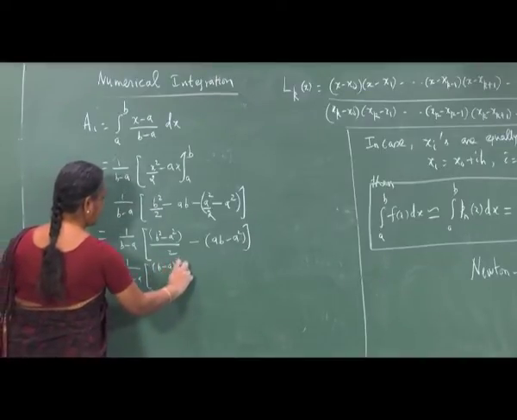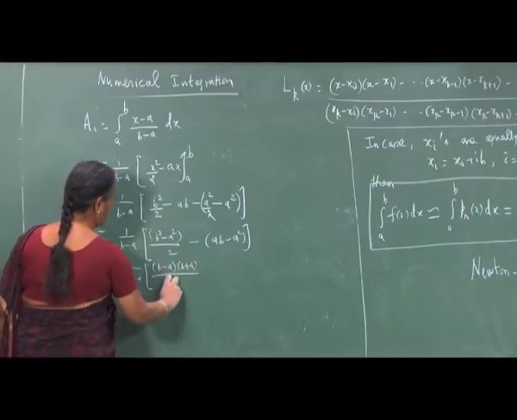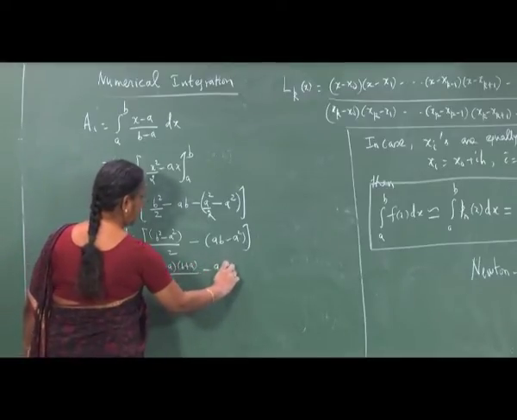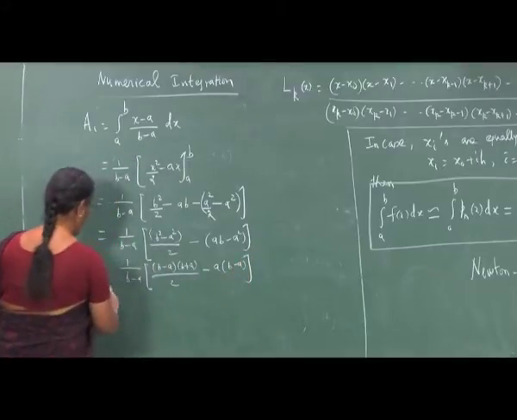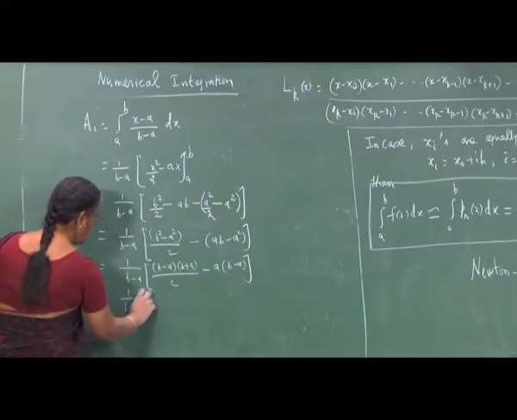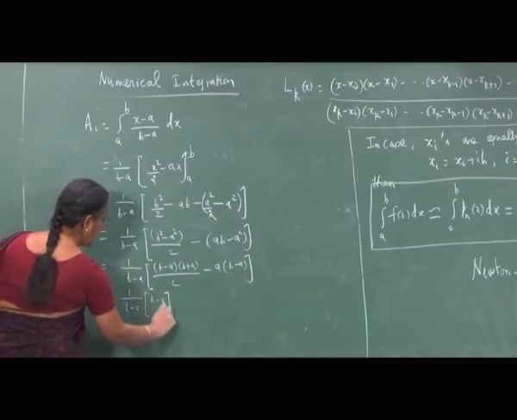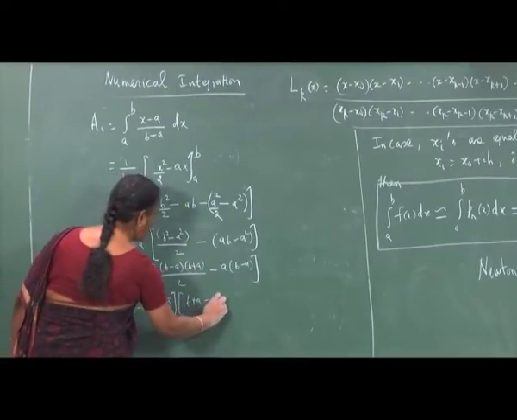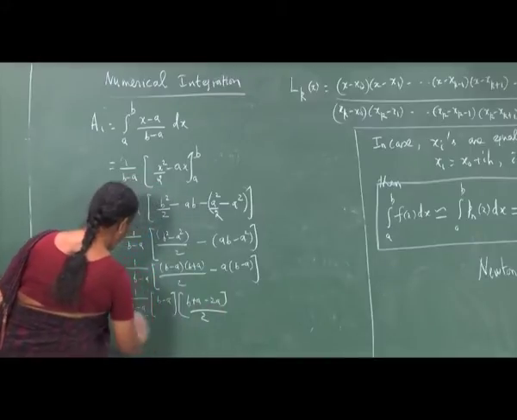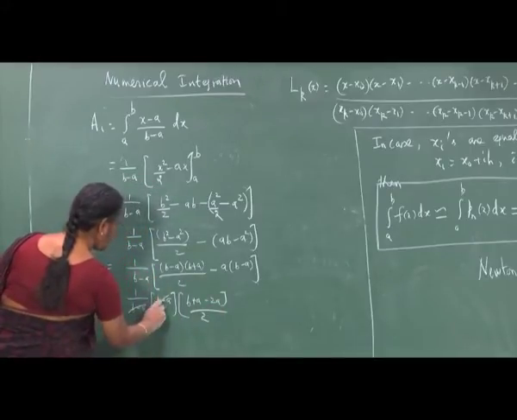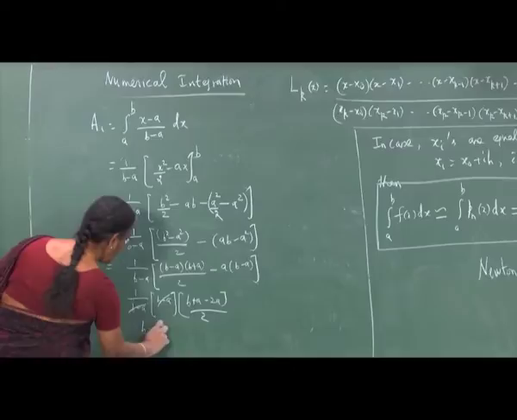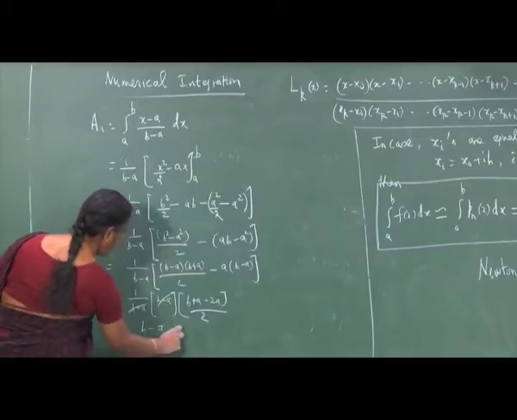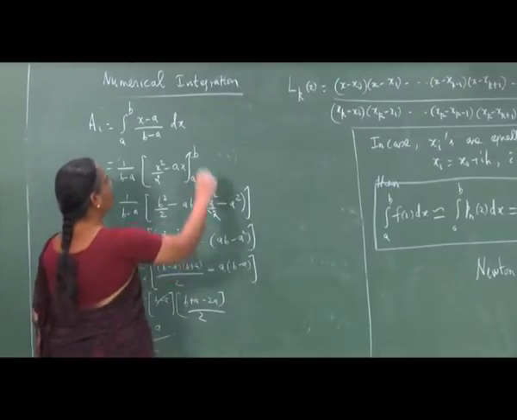You can write this as (b minus a) into (b plus a) minus a into (b minus a). So you remove the factor (b minus a). So you have (b plus a minus 2a) by 2, and that gives you (b minus a) divided by 2. So that is your a1.